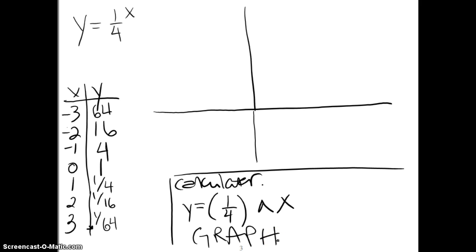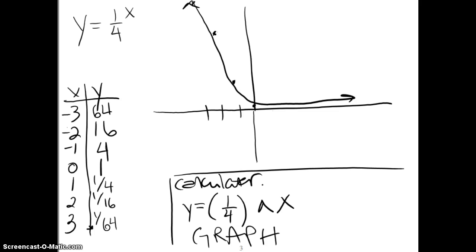And your two graphs should look very similar. So I go -3, 64, which is going to be ridiculously up high. -2, 16. -1, 4. 0, 1, and it gets a very similar graph. Now, obviously, this is not to scale. I did not do it, but you get the point.